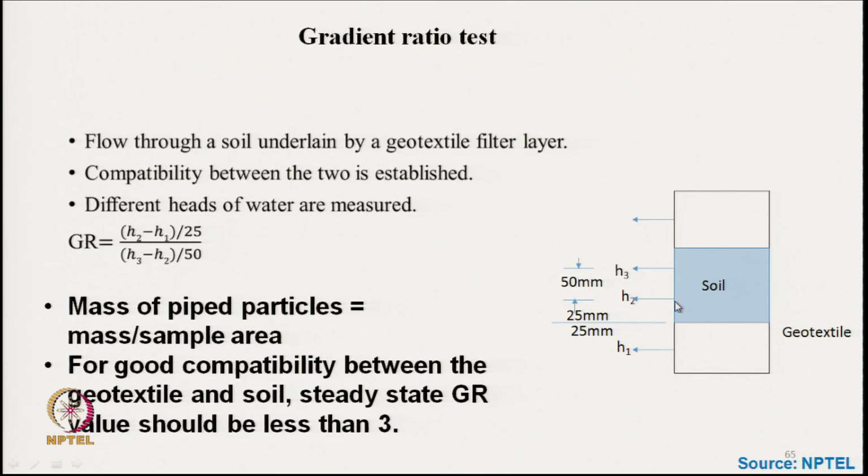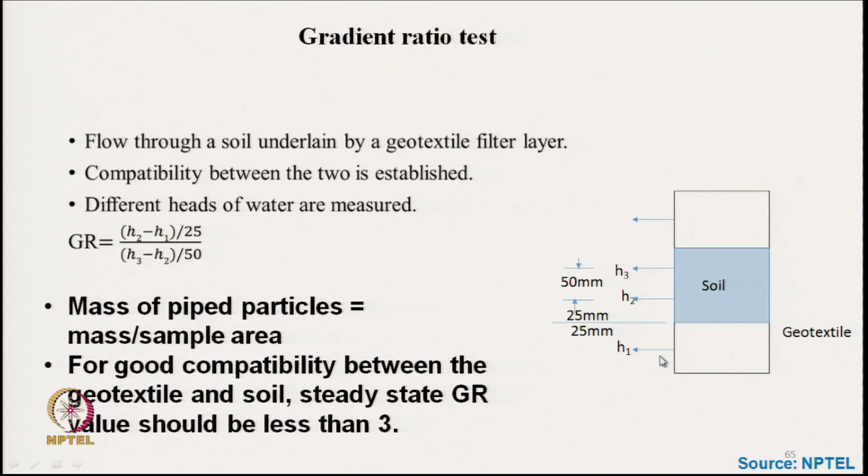This is 50 millimeter, here it is 25 millimeter, and water is 25 millimeter. Now, the actual head of soil is 50 millimeter here. So, H2 minus H1, the actual soil head here, is 25 millimeter. So, this distance is 25 millimeter.